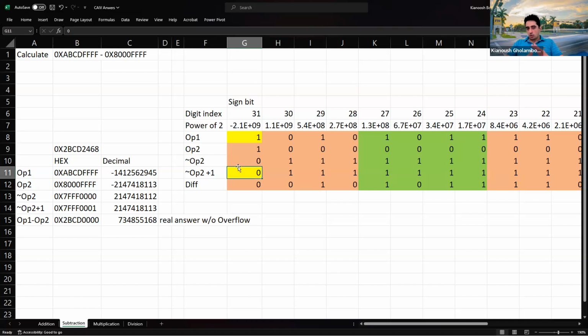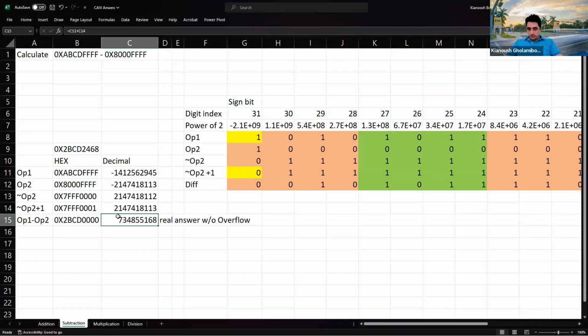Remember that. Overflow happens if you add 2 negative numbers and the result is positive, or if you add 2 positive numbers and the result is negative. When you add 2 opposite sign numbers, the result never will be an overflow. Just remember that. That's a very simple rule.